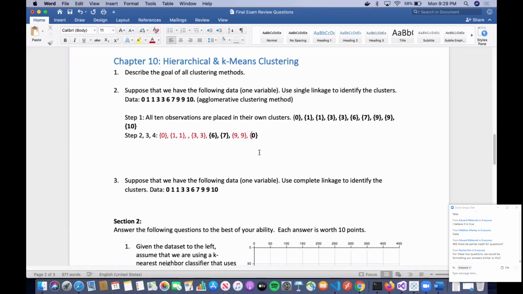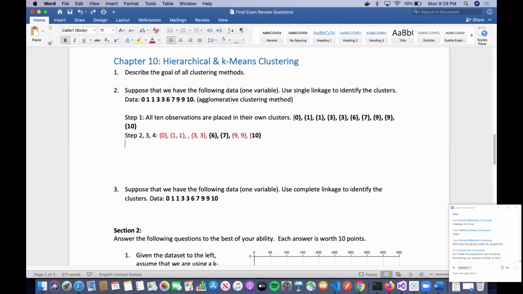And then next will be step 5. So in step 5, our next step, we've done 0, so the next one is going to be 1.